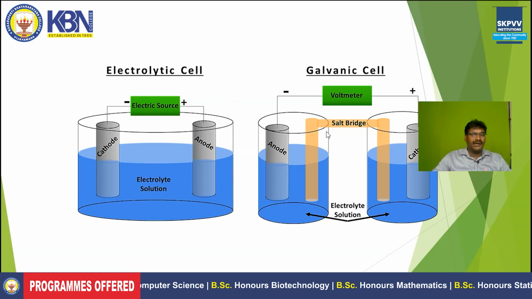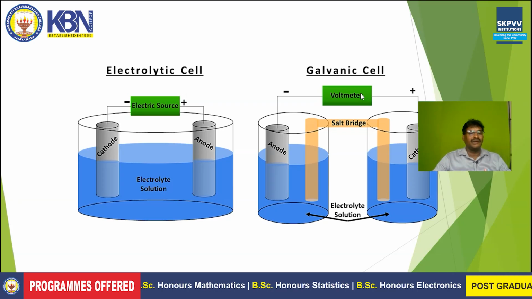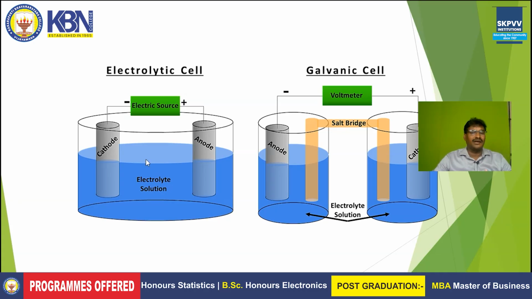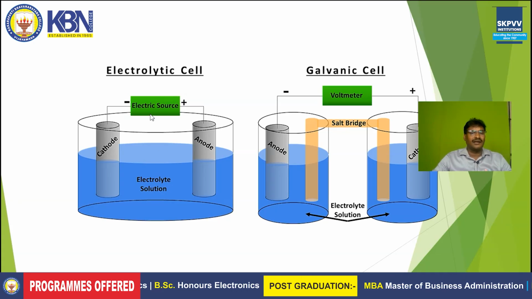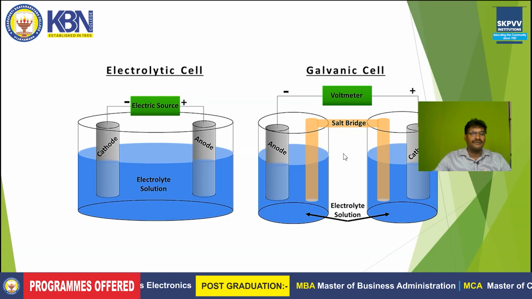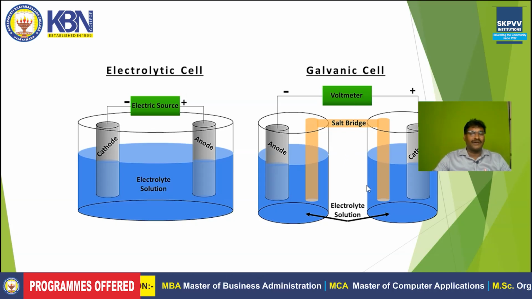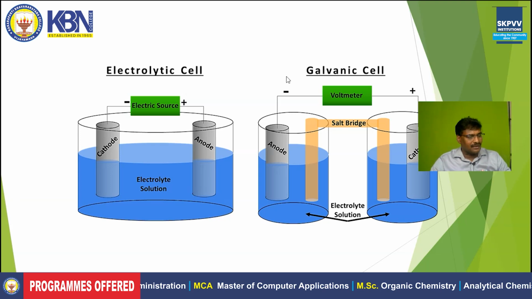By using chemicals, electricity is produced. That is called an electrochemical cell. One is the electrolytic cell, where chemicals are produced by using electrical energy. Another one is the electrochemical cell, where electricity is produced from chemicals. The best example is the galvanic cell.